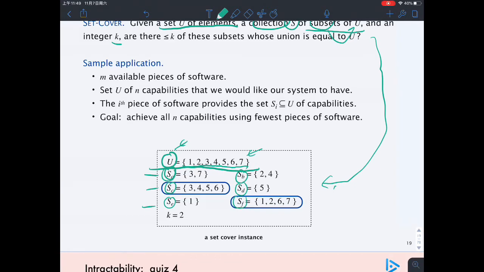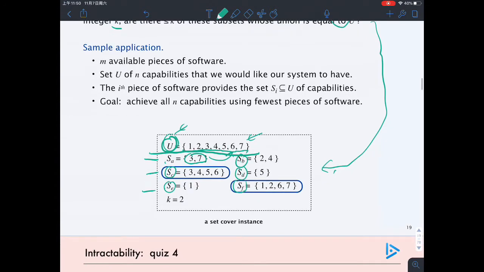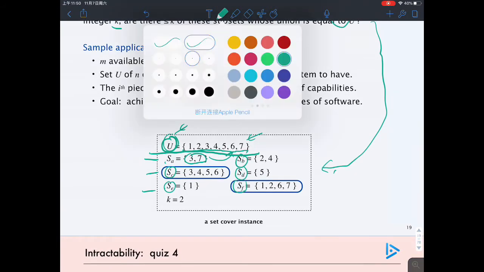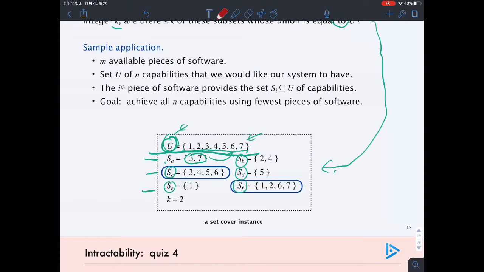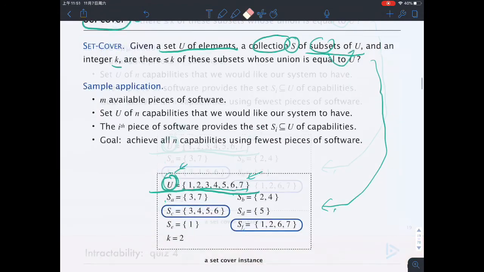Like the first subset, let's call that SA, and SA consists of 3 and 7, right? Just notice that all these numbers are really just the numbers that appear in U. So now I have SA, SB, SC, SD, SE, and SF. Let me just repeat what I'm saying, right?